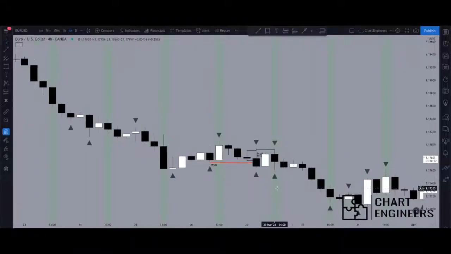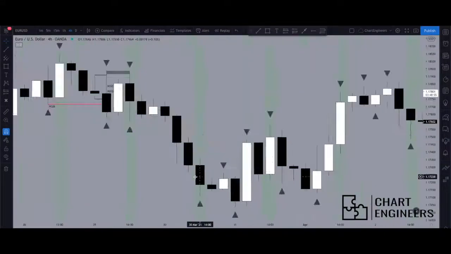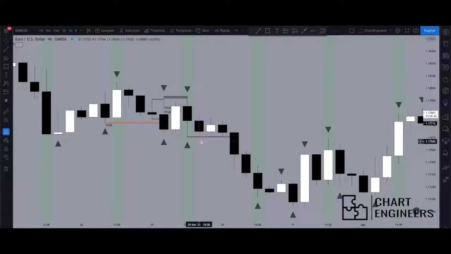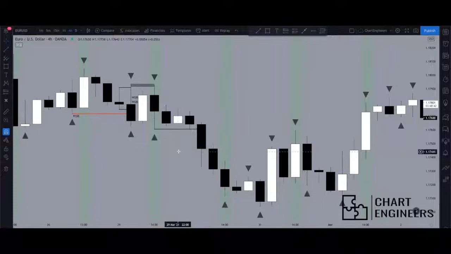Start off on your H4 time frame again. So over here you see that we actually get an H4 liquidity raid. What that tells us is that price may want to go higher.